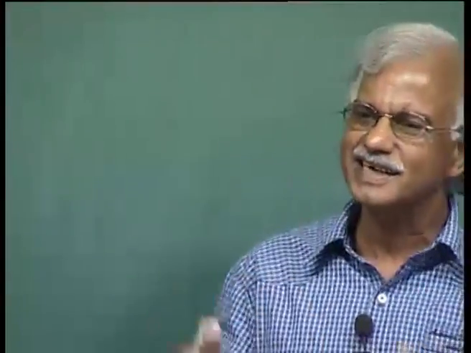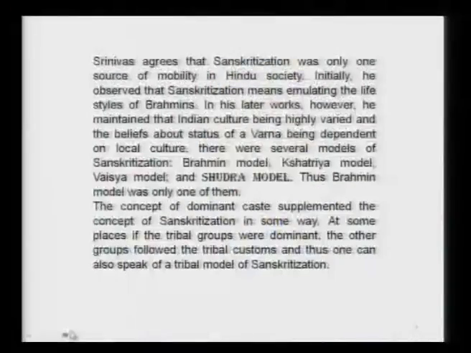And accordingly, he developed different models of Sanskritization. Initially, he started with the Brahminical model, but later on he talked about the Brahmin model, Kshatriya model, Vaishya model, and Shudra model.